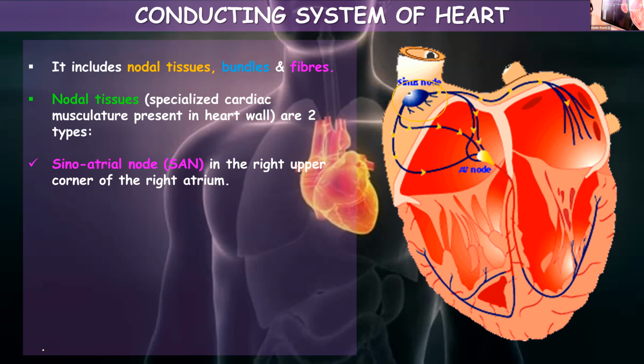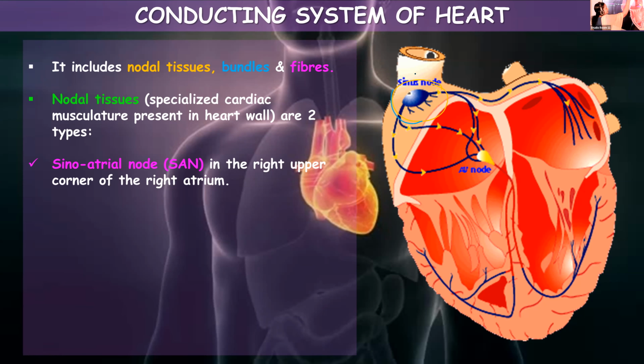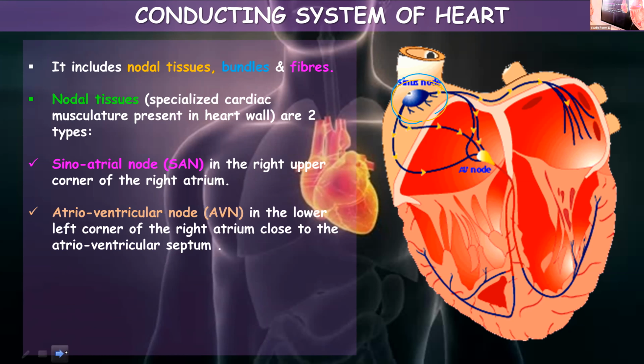In the right atrium, on the upper right corner, you can find the sinoatrial node, abbreviated as SAN. Then the second one is AVN, or atrioventricular node.